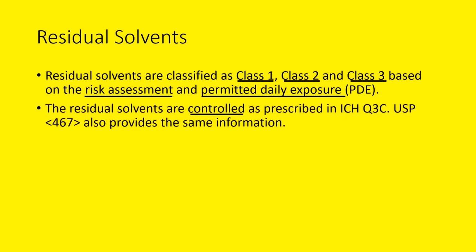The residual solvents are controlled as prescribed in ICH Q3C. USP 467 also provides the same information. So the ICH guideline and the USP guideline provide a lot of details on residual solvents.